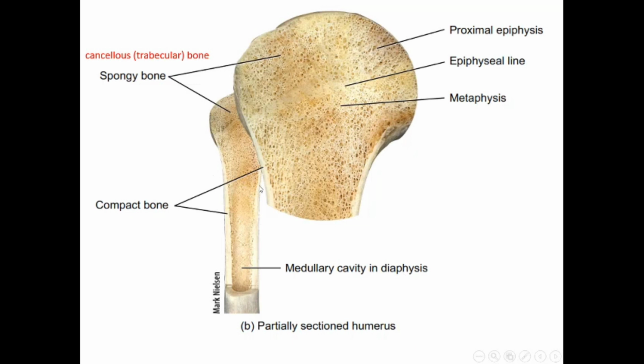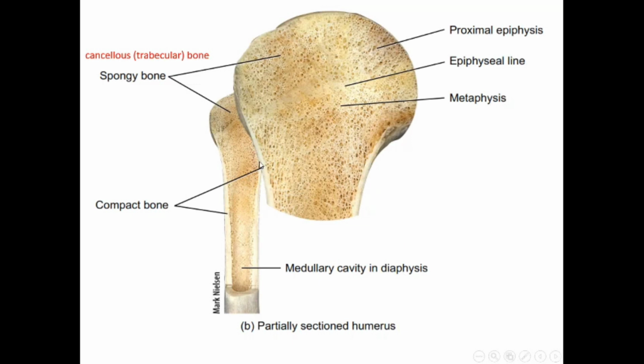Again, by gross observation in the cross section of the bone, we can see two kinds of bone in long, short, and also flat bones. In the outer part we have a thin layer of compact bone, a heavy and dense bone.